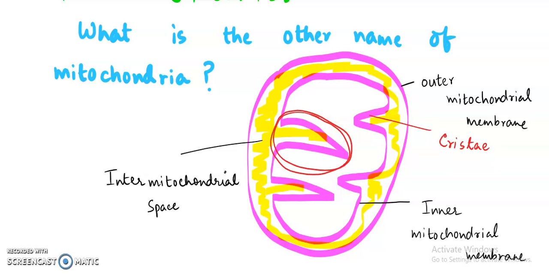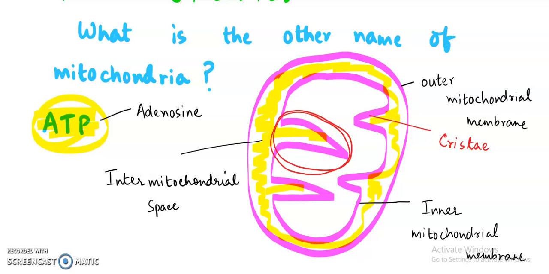We know that mitochondria helps in the production of energy, and that energy is in the form of ATP. Now, what is the full form of ATP? ATP stands for adenosine triphosphate.